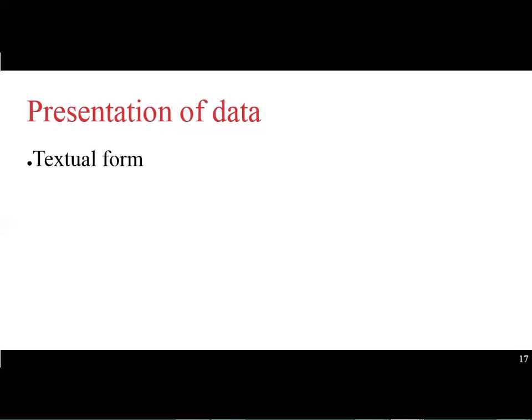Remember we had the collection of data? Say for example, you used the interview method. Of course, you will have a textual form of data. You have collected data, and you can simply write that in a sentence or in a paragraph.